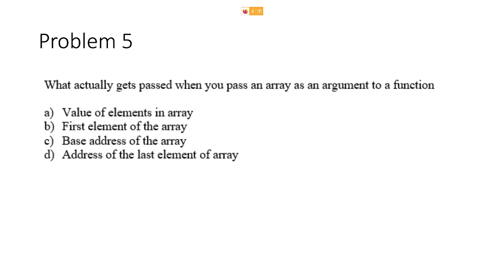The name of the array is actually the base address of an array, so you do not need any ampersand symbol. And in the formal arguments, if you're trying to pass an integer array, you can write int star, or you can write int and then the square brackets.